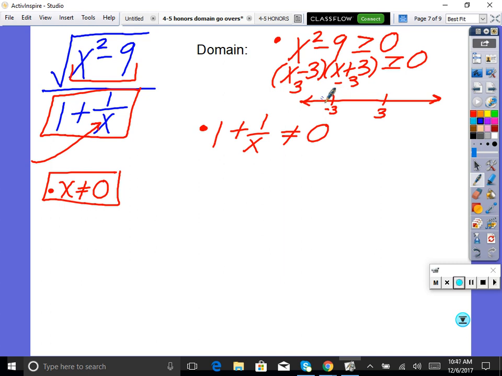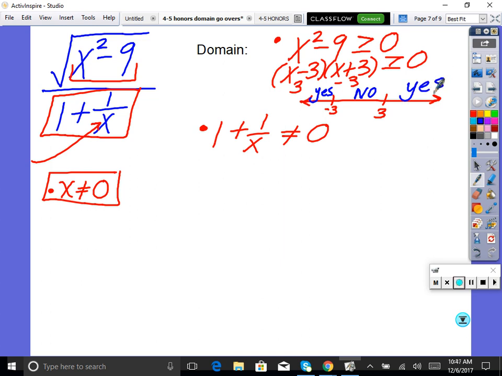Let's test a value below negative 3. Negative 4. Is negative 4 squared 16? 16 minus 9. Is that greater than or equal to 0? So yes, this part is in my domain. Let's test a value between, 0. 0 squared minus 9. Is negative 9 greater than or equal to 0? That's not in our domain. Because I'm going to test 4. 16 minus 9 is greater than or equal to 0.